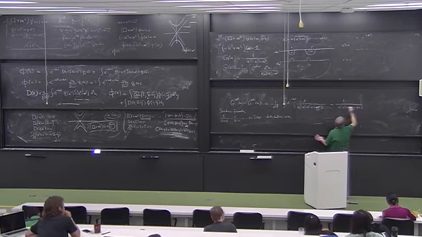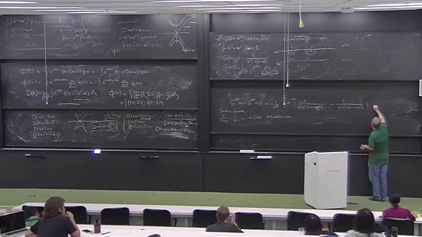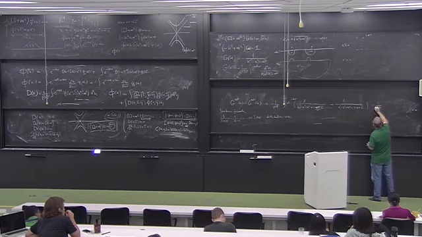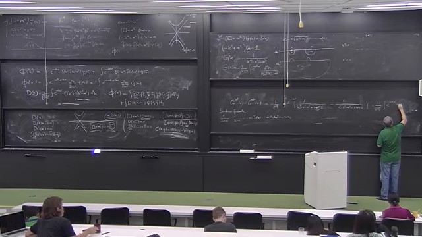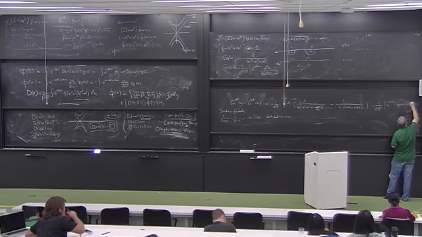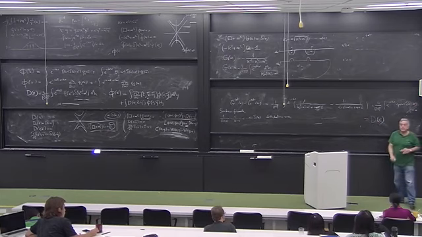Now I use this Sokhotski formula. It becomes i over 2 pi cubed, the integral of e to the minus ikx, sign of k0, delta of k squared minus m squared, and this is just the Pauli-Jordan function.